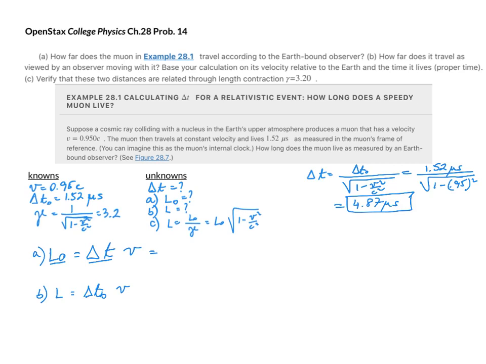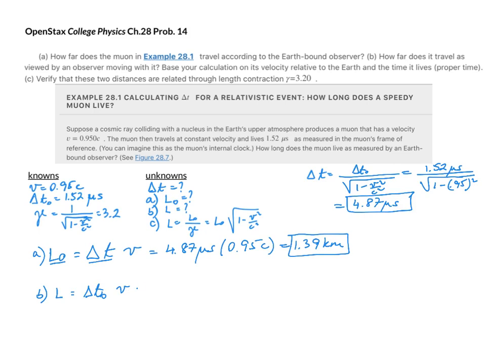So now we're plugging in the numbers that we have. So delta t was 4.87 microseconds converted to seconds, and the velocity is 0.95 c. And when we multiply these together, we end up with 1.39 kilometers.